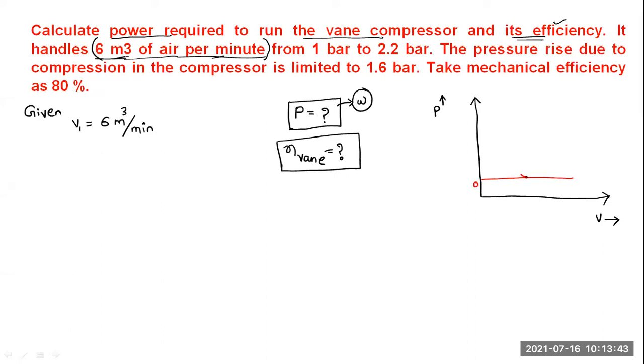This is point 1. Then we get one work done during this adiabatic compression process, and this will be our point 2. Here we have the relation PV to the power gamma equal to constant. Then from point 2 to point 3, we get one more work done, that is the constant volume work done.